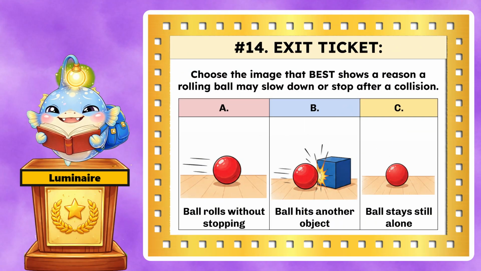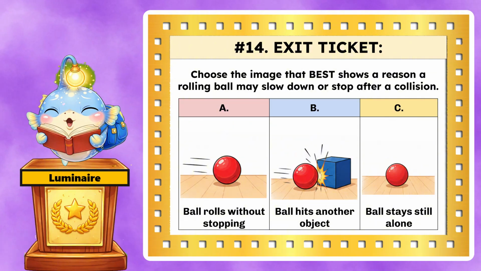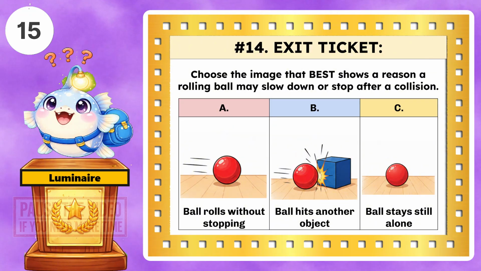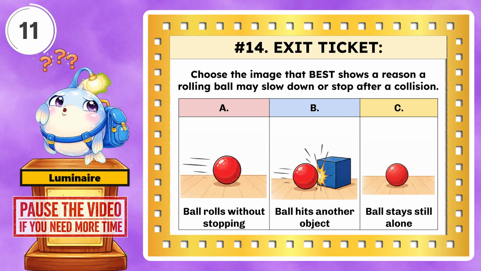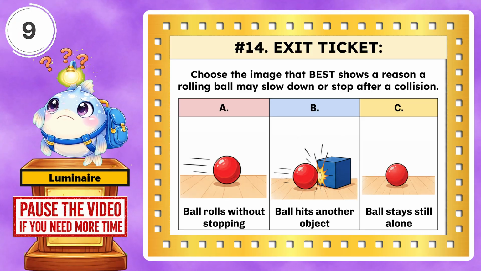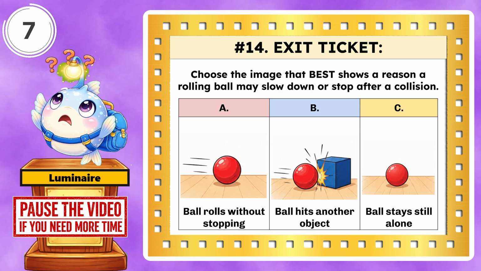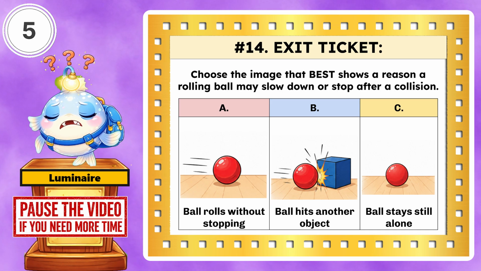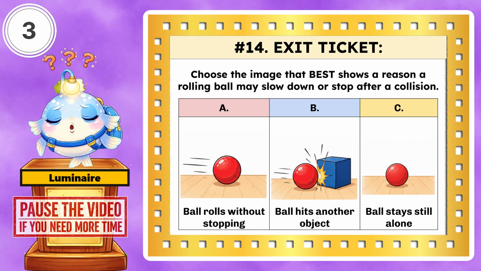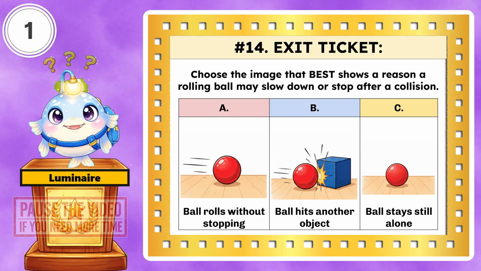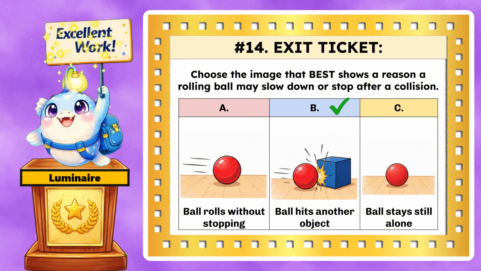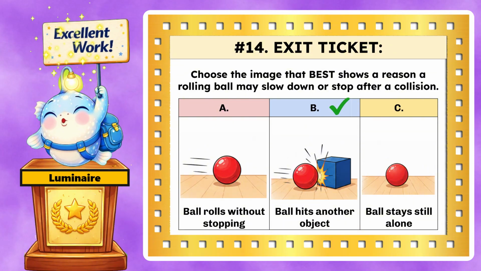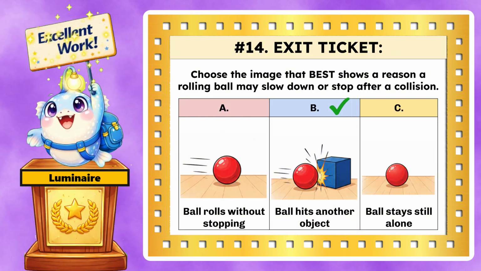Choose the image that best shows a reason a rolling ball may slow down or stop after a collision. And the correct answer is letter B. Ball hits another object.